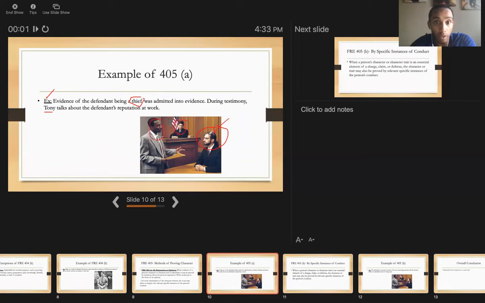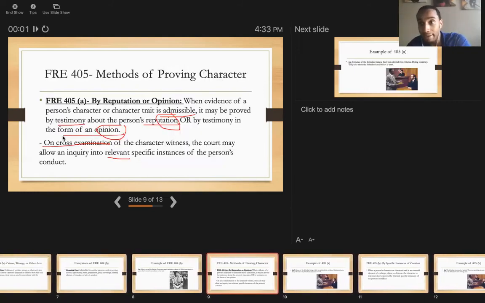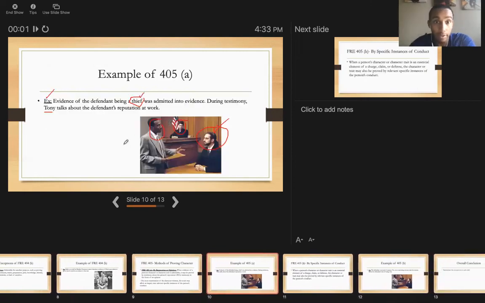Okay, Tony right here with the glasses on talks about the defendant's reputation at work. That's an example of 405A, by reputation or opinion, kicking in, because upon the defendant's character trait being admitted, again being this thief, the opposing party may talk to the character witness, Tony, and ask about his reputation at work. That's an example of 405A.